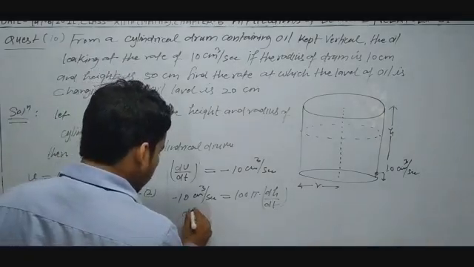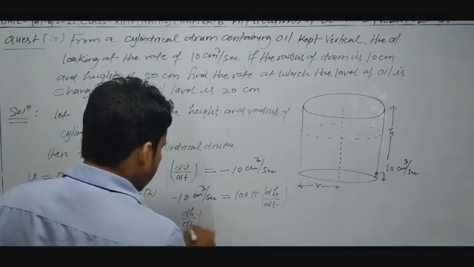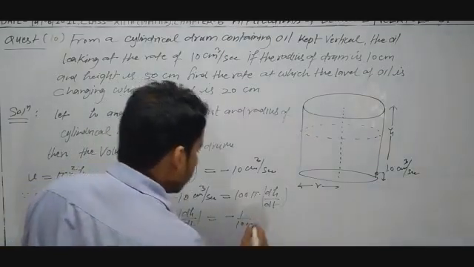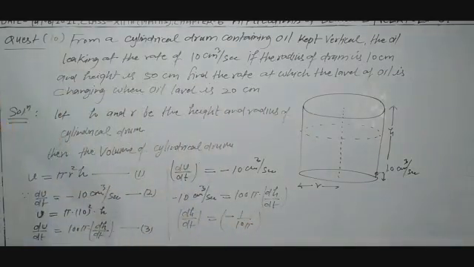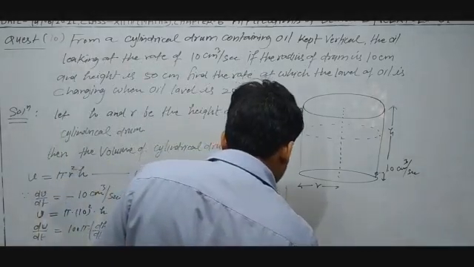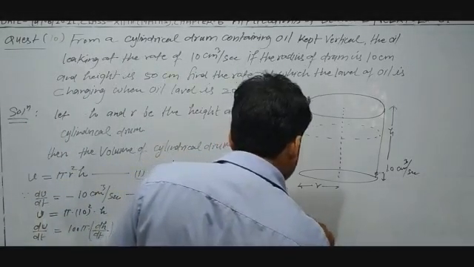So dh upon dt is equal to minus 1 upon 10 pi. This is its value, minus 1 upon 10 pi centimeter per second, which means the height is decreasing. This is the answer.